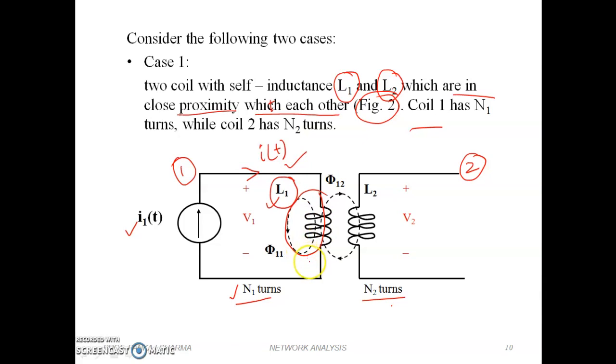a part of this flux is associated with the neighboring inductor. See this, with the neighboring inductor. Whenever there is a conductor, this is a conductor. An inductor is nothing but a conductor in a special case. In wound case, this is a conductor of n equal to 1.